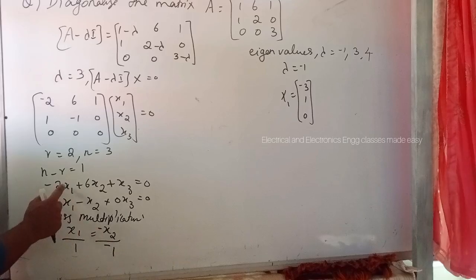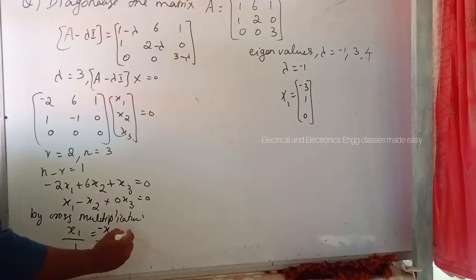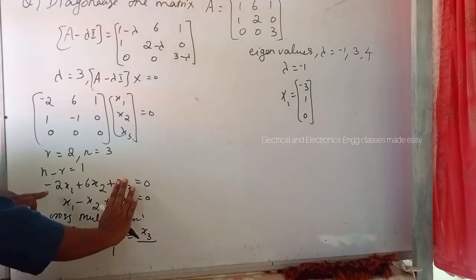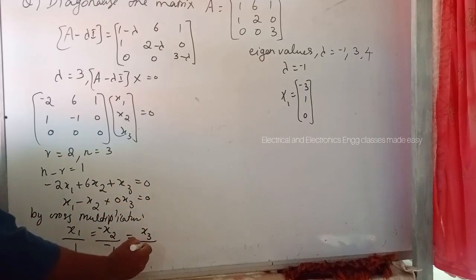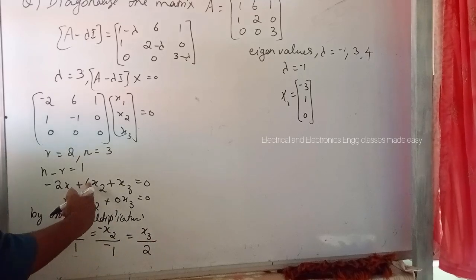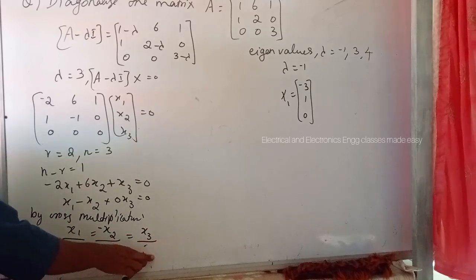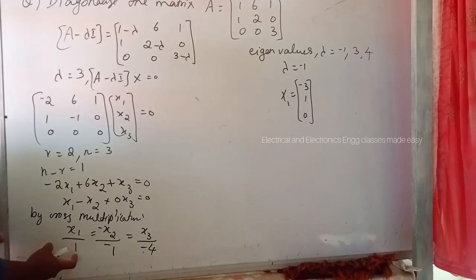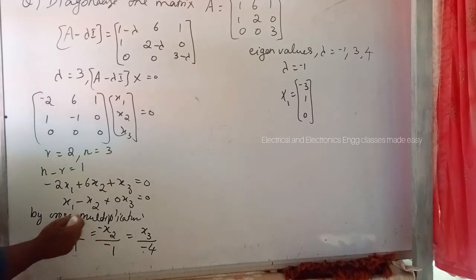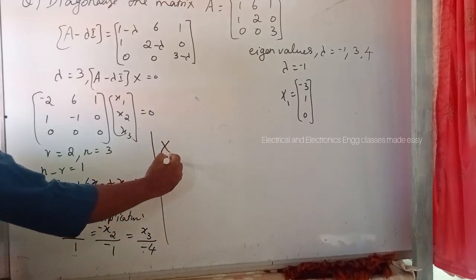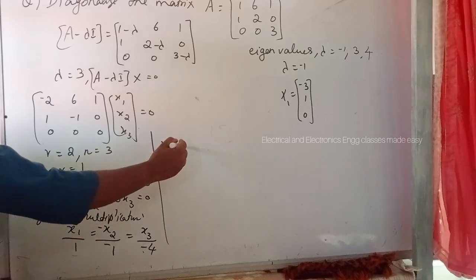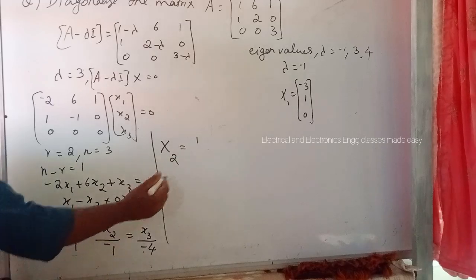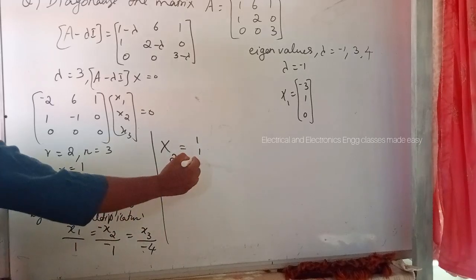So minus x2 divided by (minus 2 into 0, that is 0, minus 1 into 1, that is minus 1), 0 minus 1, equal to, next plus x3 divided by minus 2 into minus 1, that is 2, minus 6, that is minus 4. The denominator values are the values of x1, x2, x3: x1 is 1, x2 is minus of minus, plus 1, x3 is minus 4.